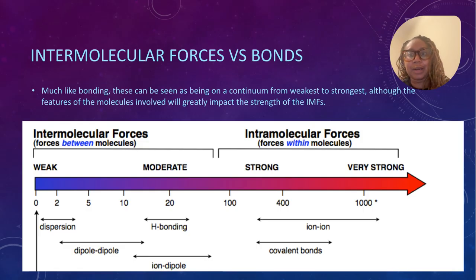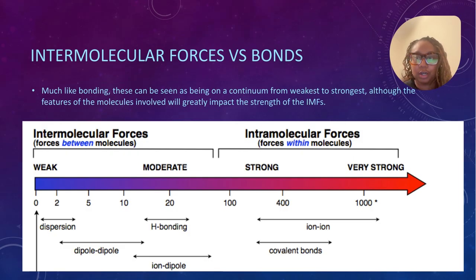Much like bonding, these can be seen as being on a continuum from the weakest to the strongest, although the features of the molecules involved will greatly impact the strength. As we look at these different scales, we have little arrows to help us: forces between the molecules and forces within the molecules.